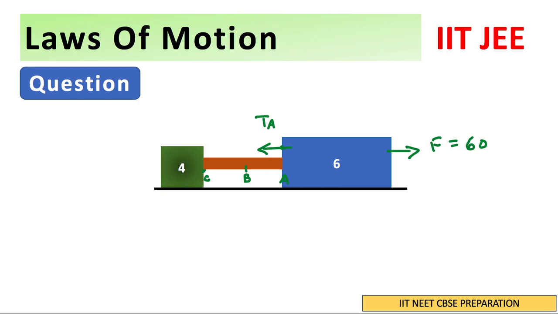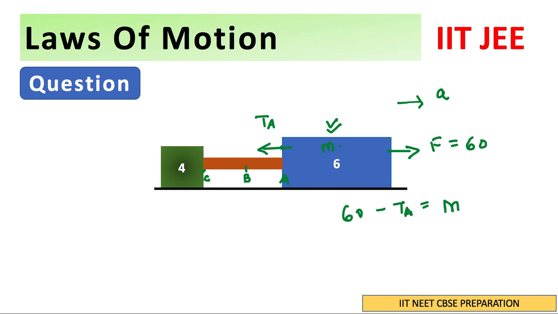Now let us write the forces for this particular block. TA is acting in this direction and 60 is in this direction, and acceleration is in this direction. So it will be 60 minus TA is equal to mass into acceleration.